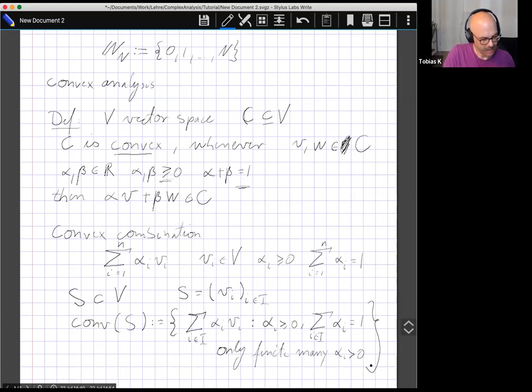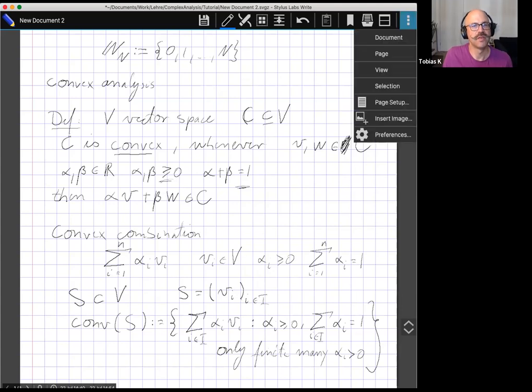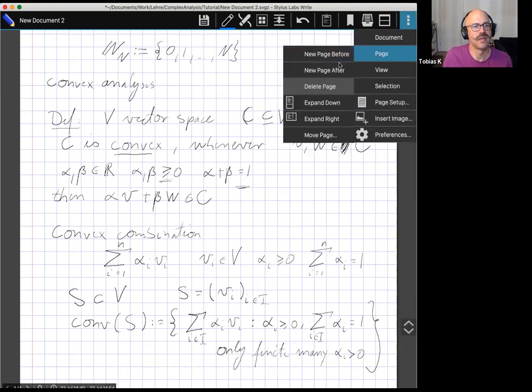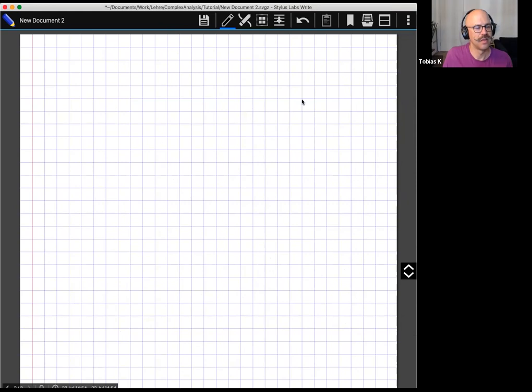And then we have the following general theorem. This is in the lecture notes, theorem 4.1.